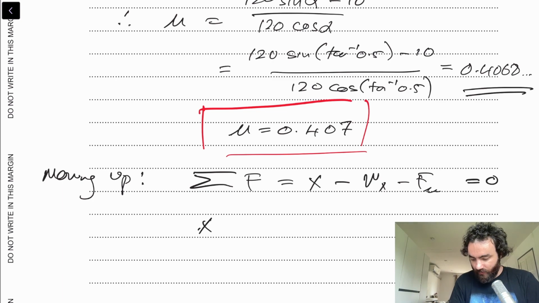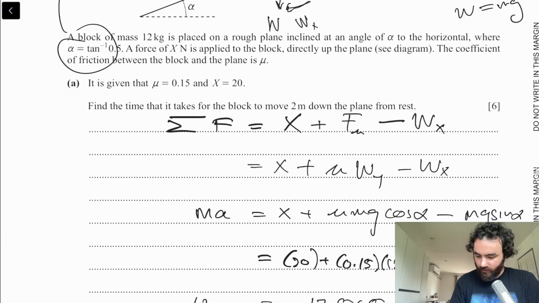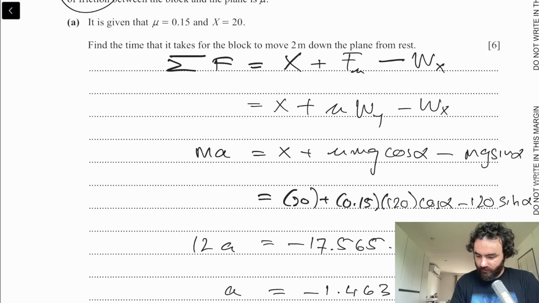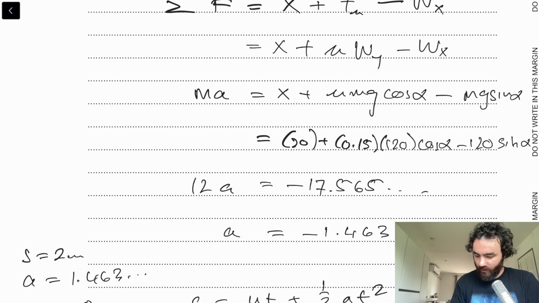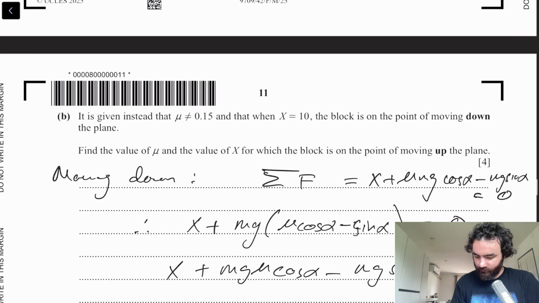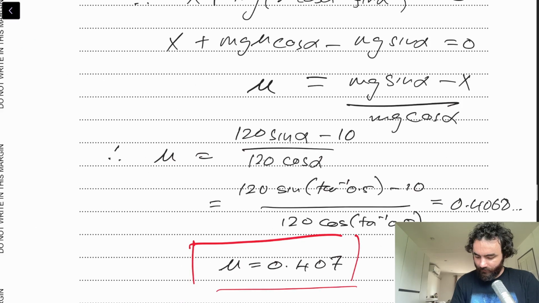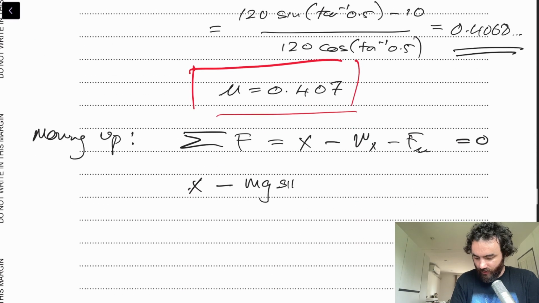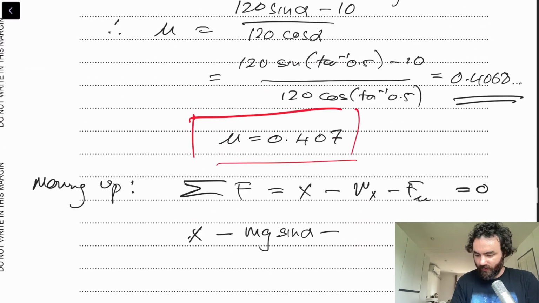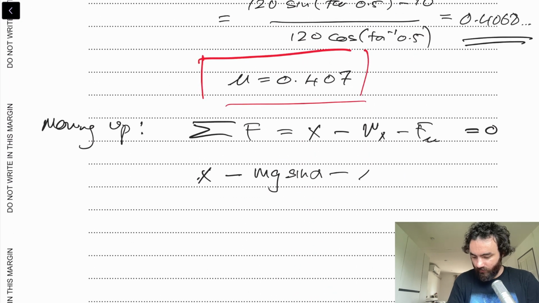So it's the same thing. You get x minus wx, what's that, wx is mg sine theta, is mg sine alpha, minus the frictional force, which is mu mg cos alpha, equals 0.